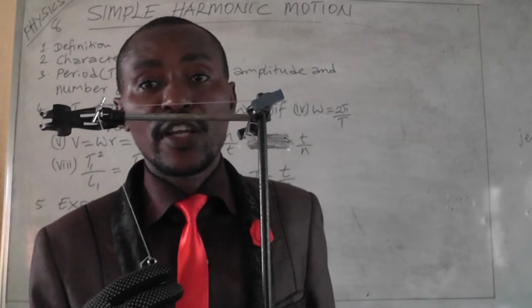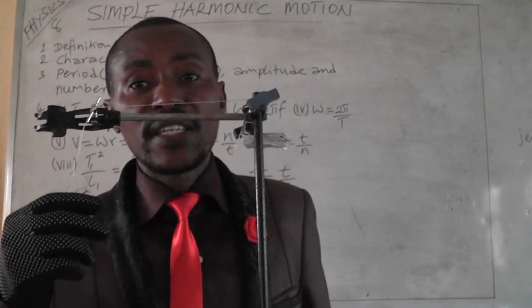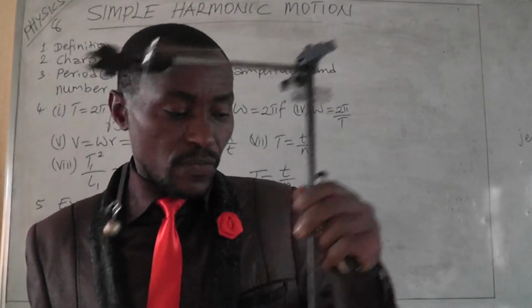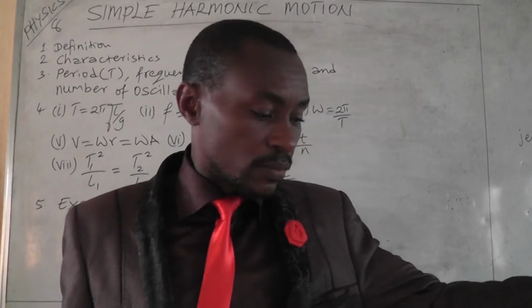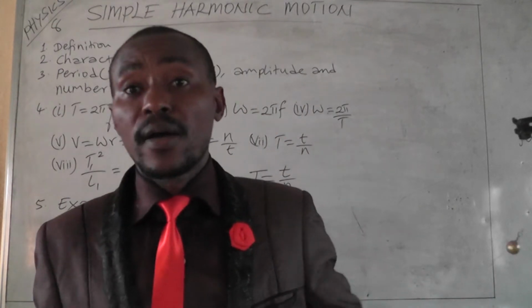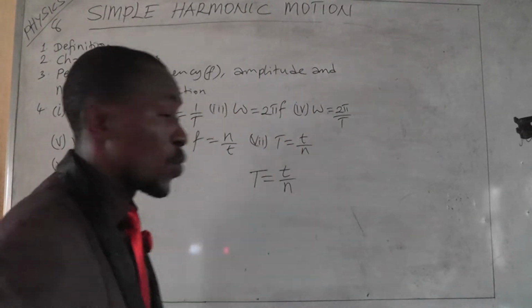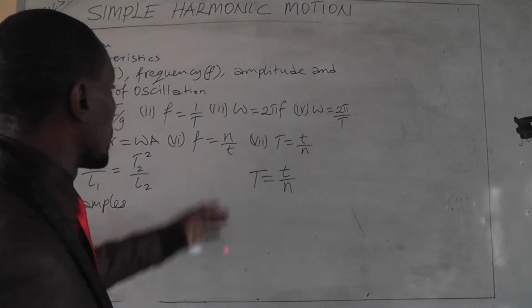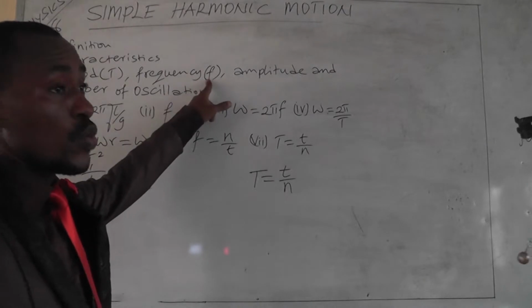Frequency is the number of oscillations per second. They use small letter f to denote frequency.